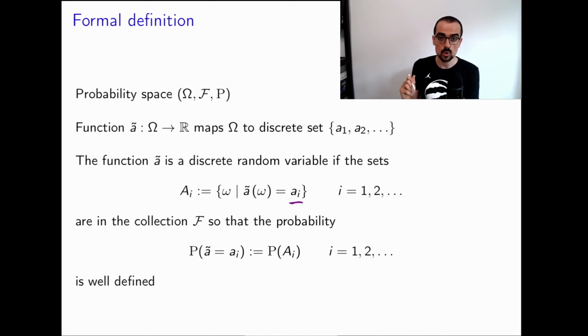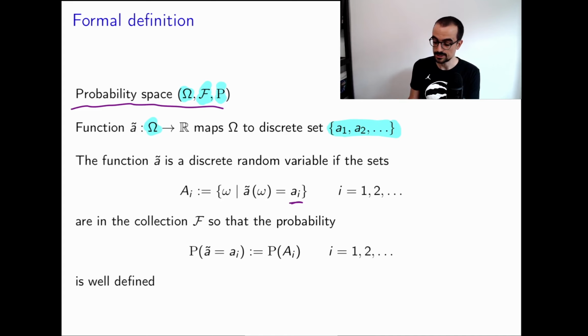And we impose that those sets, or those events, must be in the original collection of events of the probability space. So we assume that there's a probability space. The probability space, like all probability spaces, has a sample space, a collection of events, and a probability measure. The function maps the sample space to this discrete set. And again, I'm going to show you a picture that hopefully will clarify things in a moment.